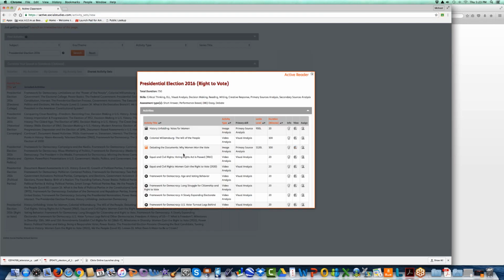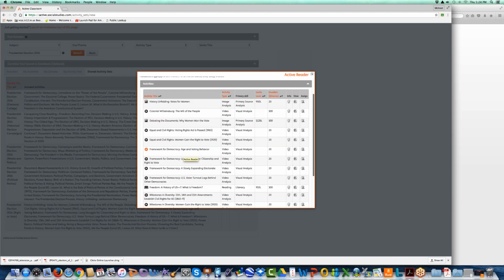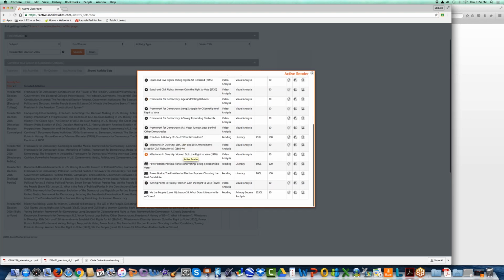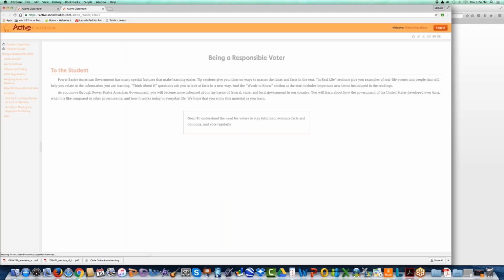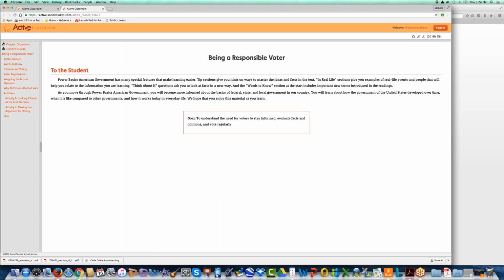So the other example of an assignment or an activity I wanted to show you is this one right here, being a responsible voter. And you'll notice this comes from the series called Power Basics. So what this tells me right off the bat is that this is going to be a somewhat more basic level, like I said before, high interest, low ability activity.